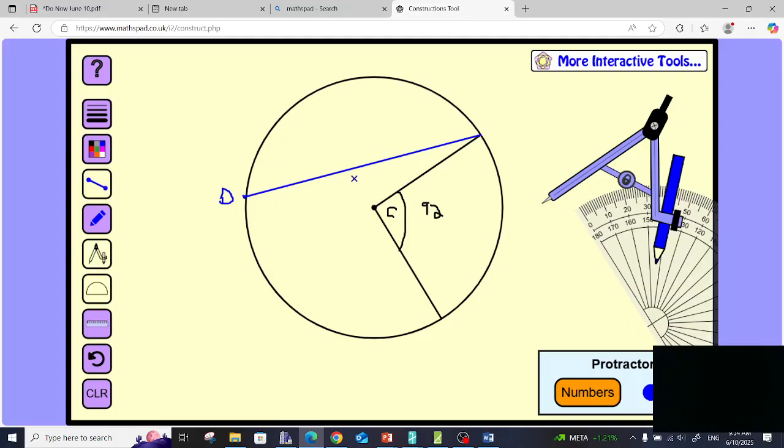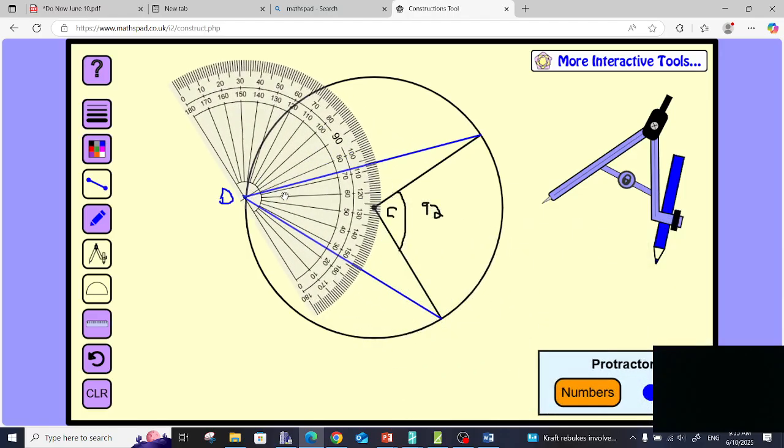So I want you to draw A to D, and then B to D. If you like Star Trek, it kind of looks like the Star Trek symbol. Anybody here a Star Trek fan? Doesn't that look like Star Trek? Okay, so when you're done with that, I want you to measure this angle.